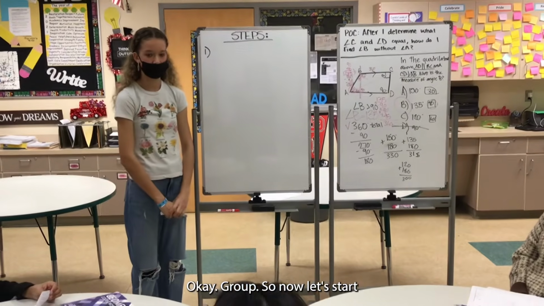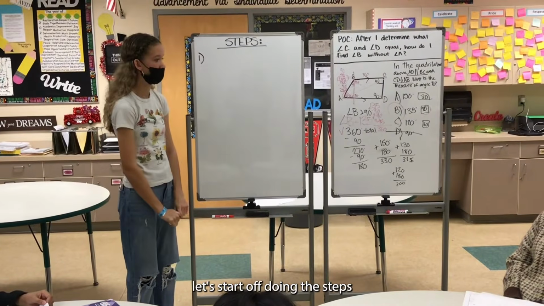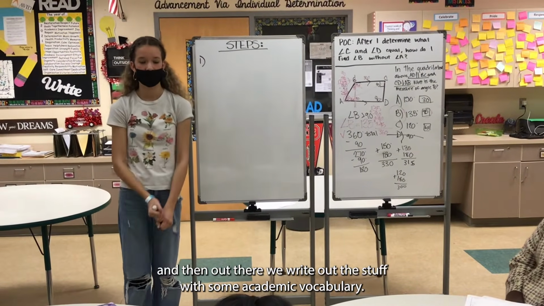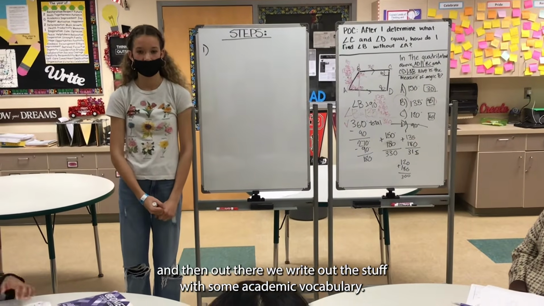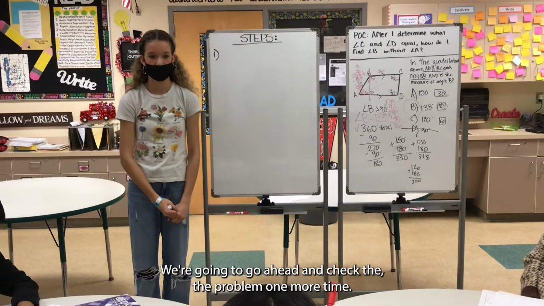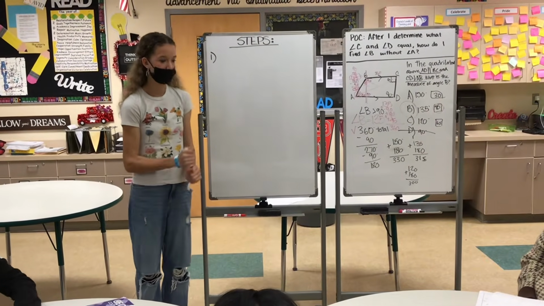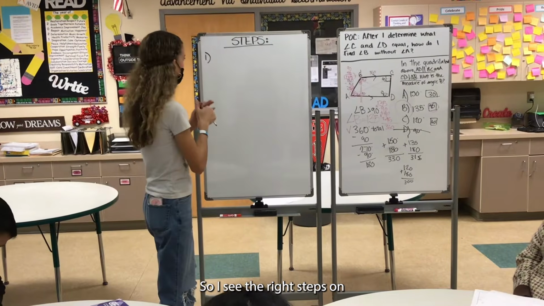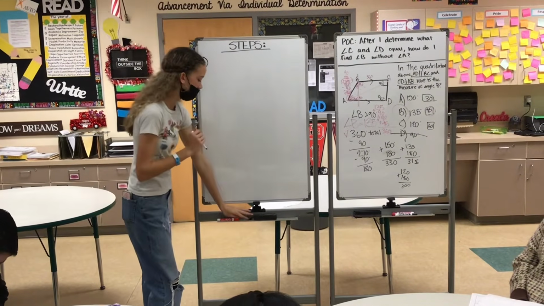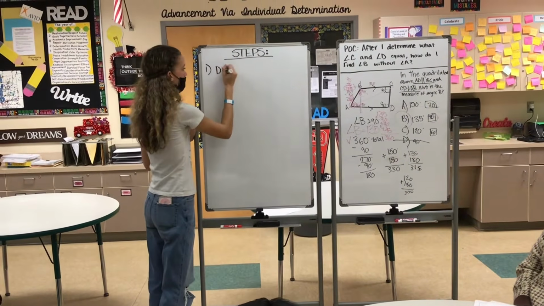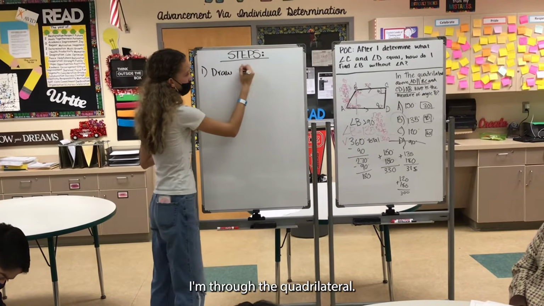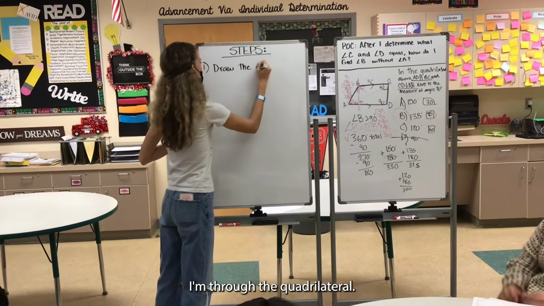Okay, group. So now let's start out doing the steps, and after we write out the steps with some academic vocabulary, we're gonna go ahead and check the problem one more time. So for my steps, I started off by drawing the quadrilateral.